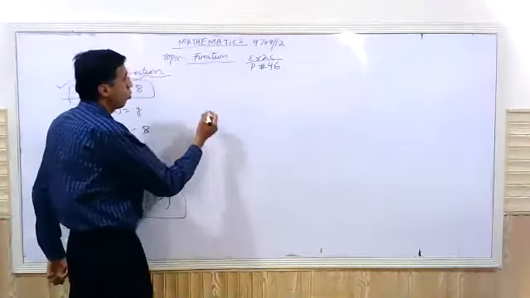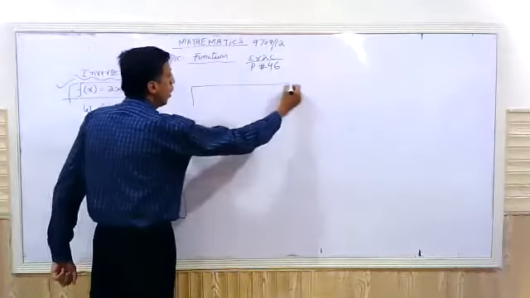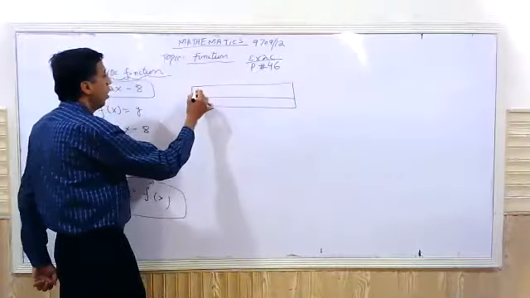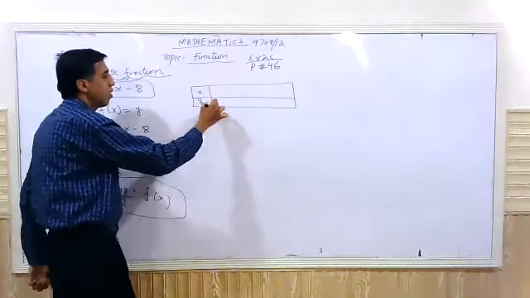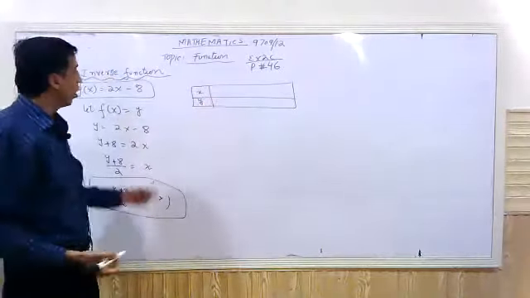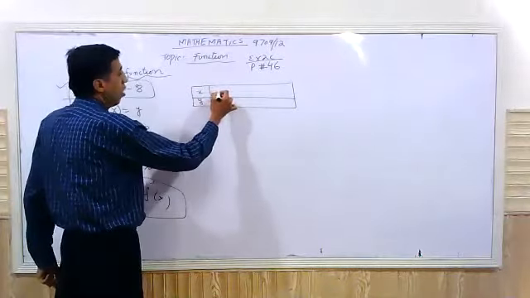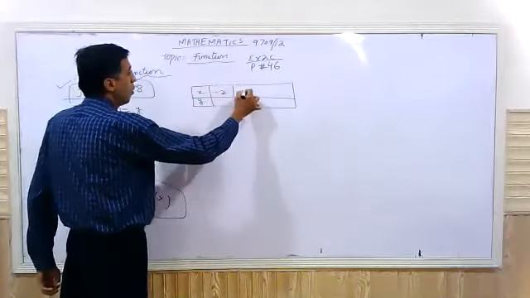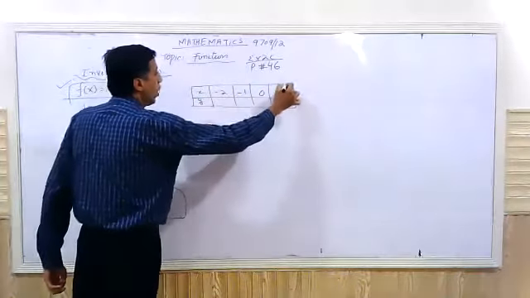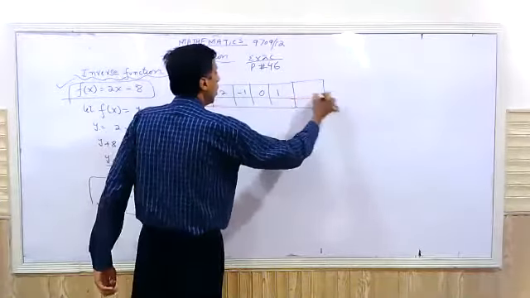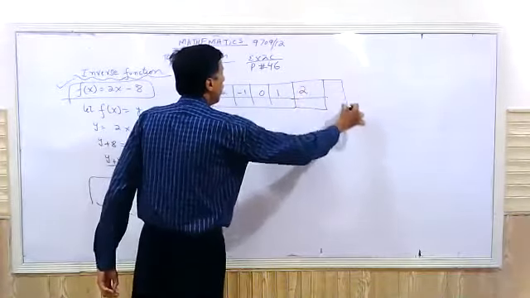How will we plot the graph? We will draw a table by taking supposed values and keep them over here. You always start from -2, -1, 0, 1, 2 and 3.